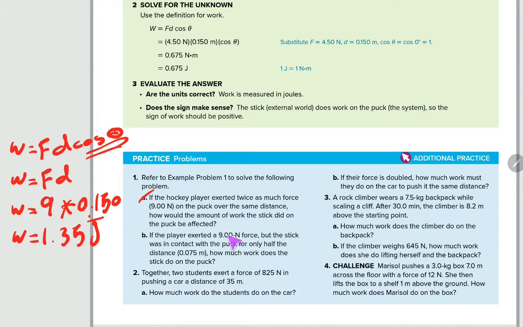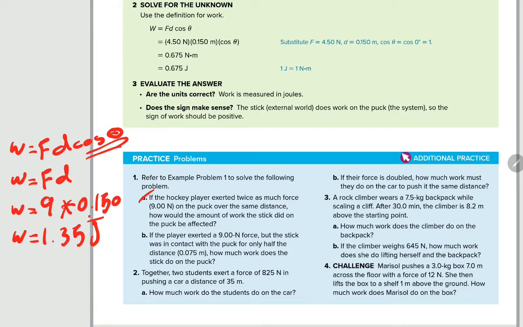So here we have double, or twice, the force, and we have half of the distance. So we will have the same result as the previous question, because here we have double for F and half for d.